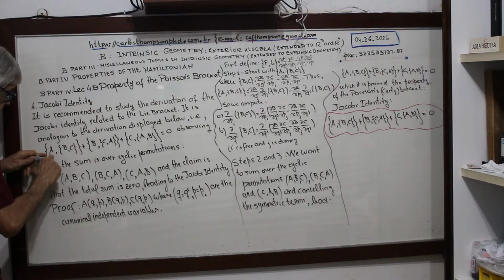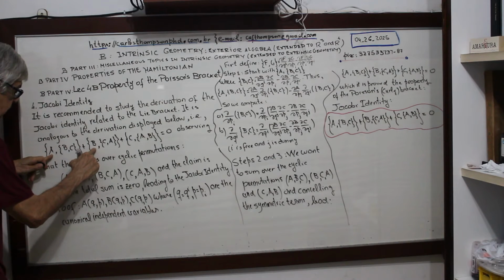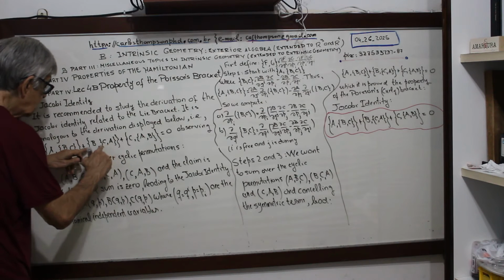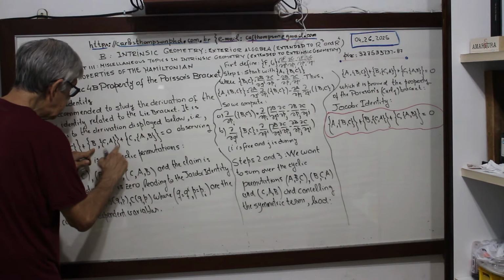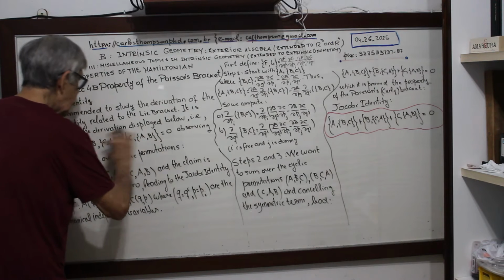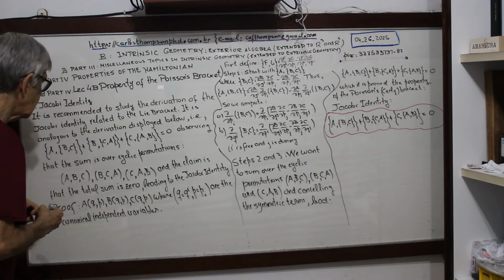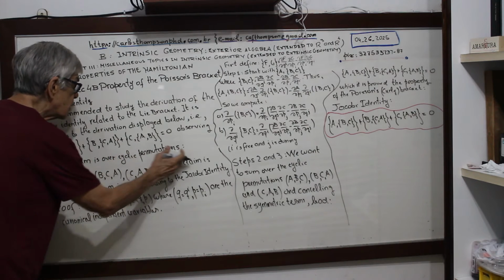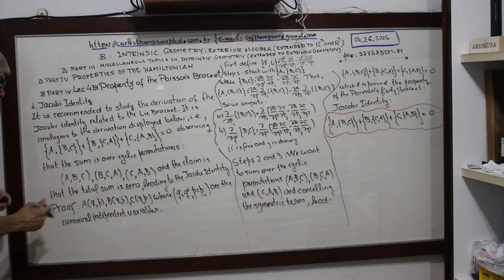You see, A, B, B, C, C, A. Now look at that. After B is C, C, A, B. This adds to a sum of 0. Observe that the sum is over cyclic permutations, as I said here.